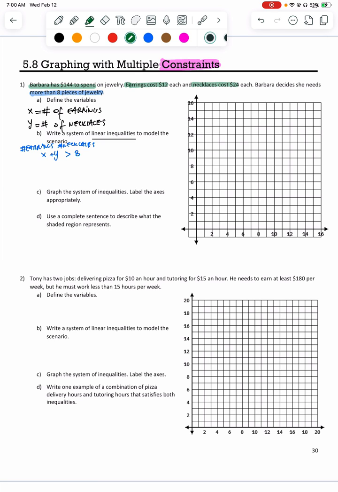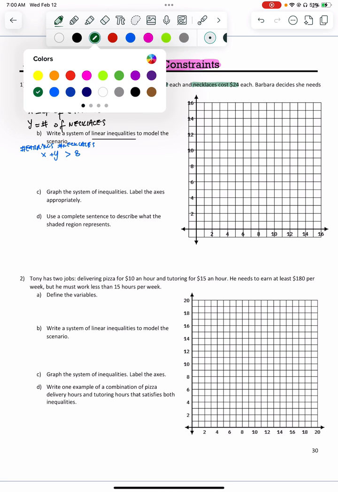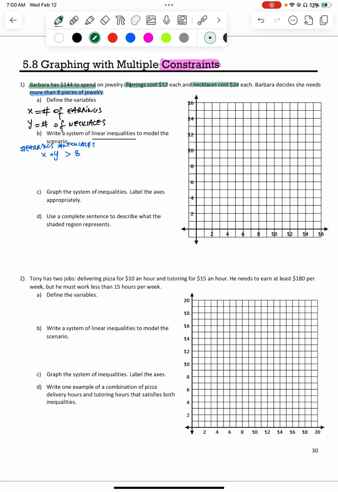So I'm going to put all this information together. For the second constraint, remember earrings cost 12. I'm going to associate that with the variable X, which is earrings. So 12X for earrings. And for the necklaces, it's 24 each. So it's 24Y. And that must be less than or equal to 144, because that's how much she's got to spend. She can spend up to that point.